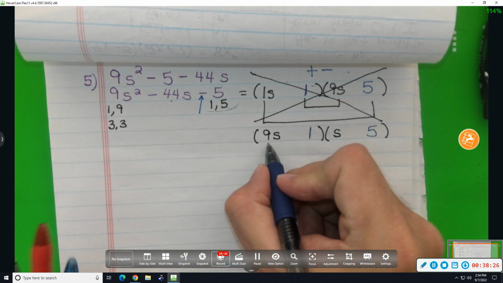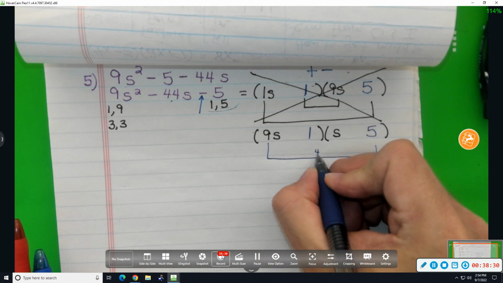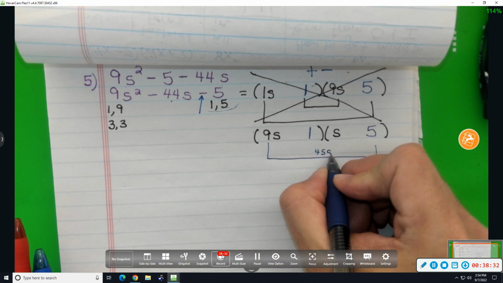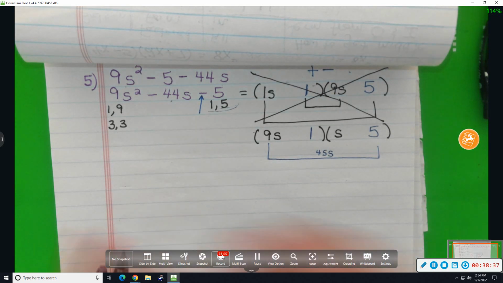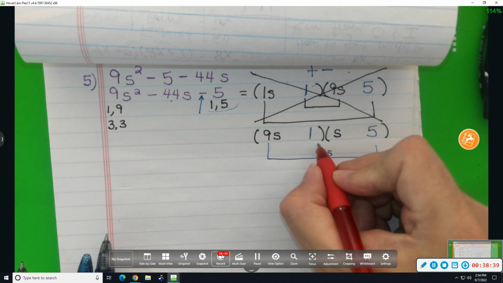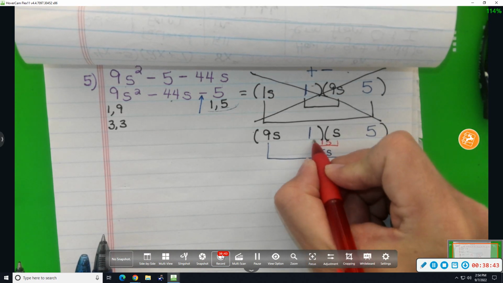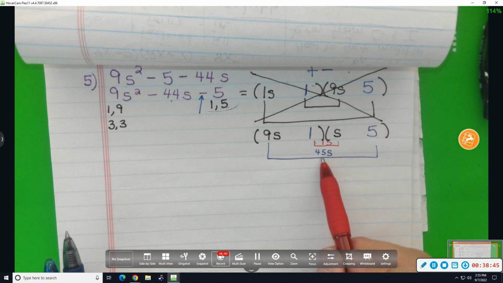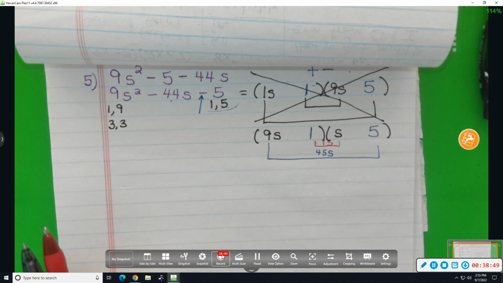See, right here we have, is that a 45? 9 times 5 is 45, an s. And what's the other one? 1s? So the 1 and the 45, we can sure subtract them to get a -44s.